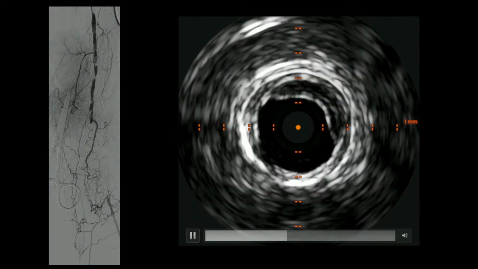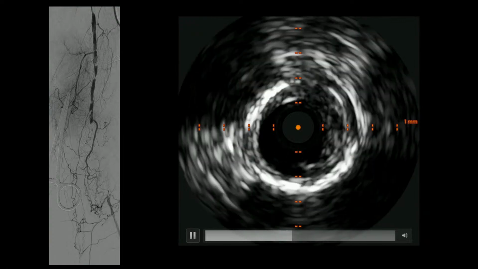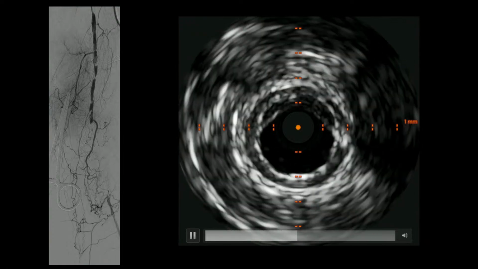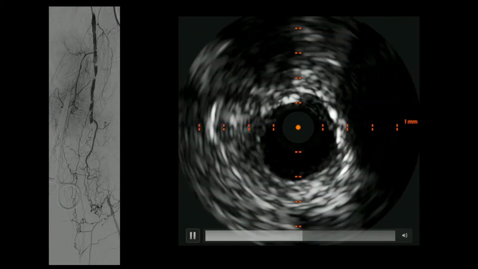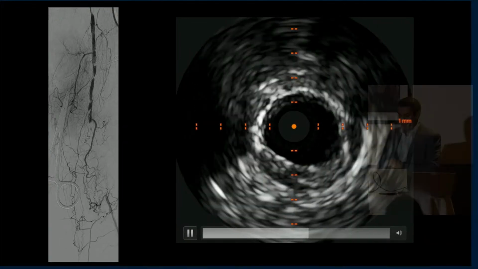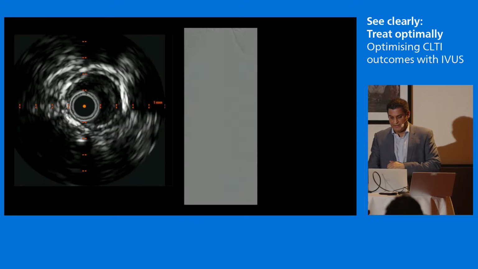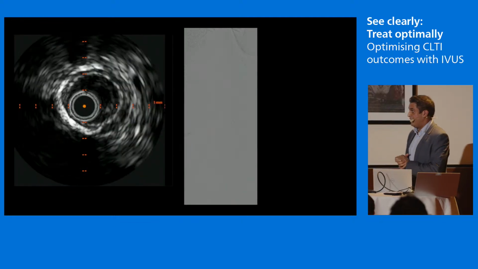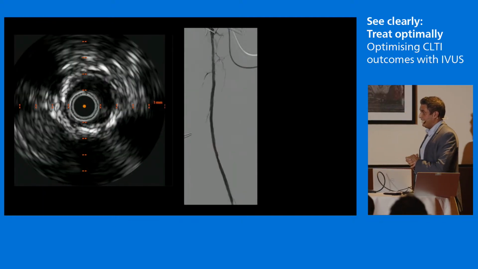Then here come the eccentric nodules, so there's a bit of soft plaque there. And then we'll compare that to post-IVL, post-angioplasty and post-DCB.